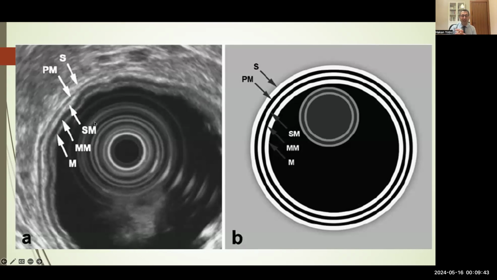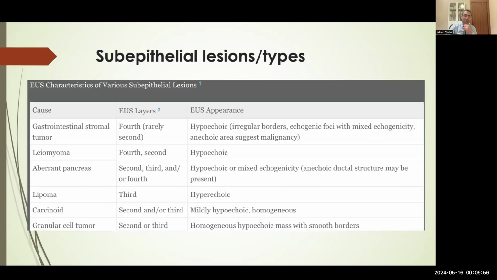All layers can be seen clearly, so we can say the diagnosis sometimes is lipoma, leiomyoma, and other subepithelial lesion types. We can easily describe the lesion layer. So this is the clue for the diagnosis.